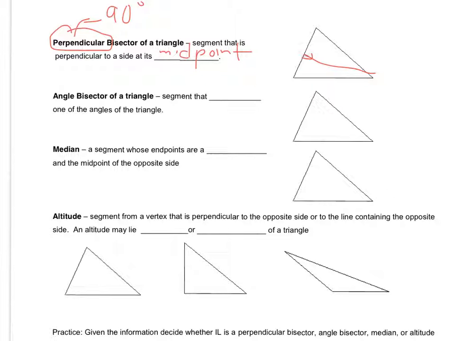You want to make sure that's a nice right angle box to show that it's perpendicular. Then it meets at the midpoint, so it cuts that side of the triangle into 2 equal pieces.